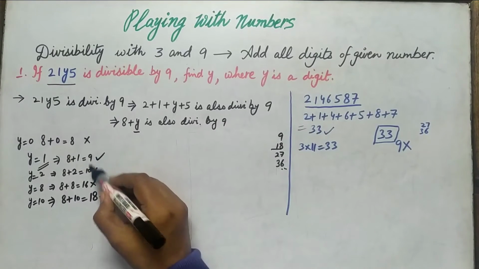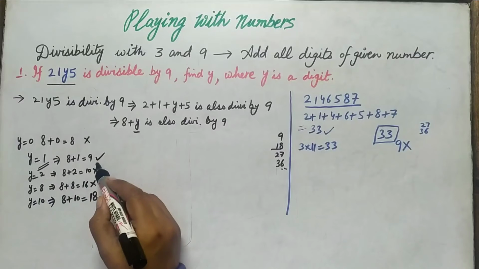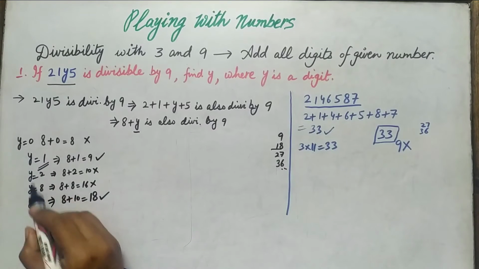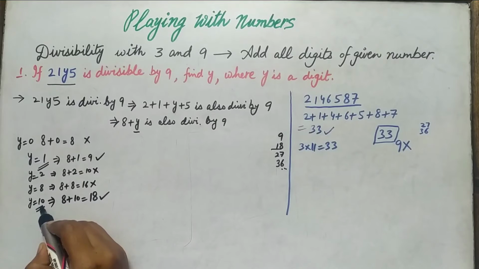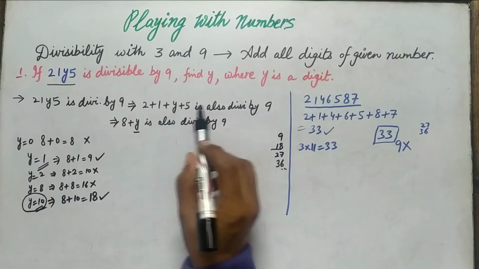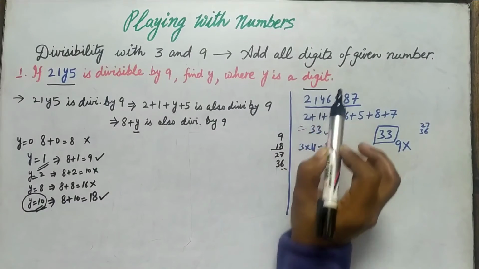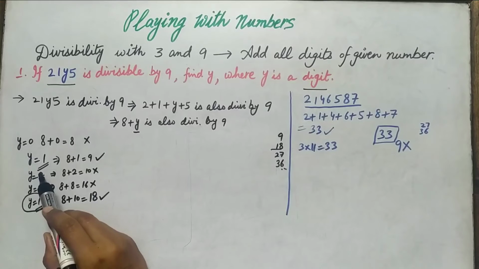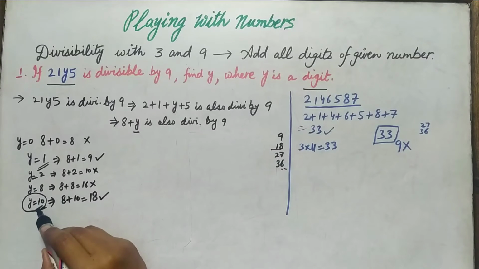So these two values are in the table of 9, but here y is 1, here y is 10. This value is correct, but for the present question it is not correct because y is a digit. A digit means a one-digit number. Therefore, y equal to 10, which is a two-digit number, is not a suitable answer.